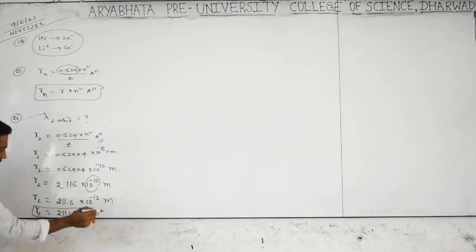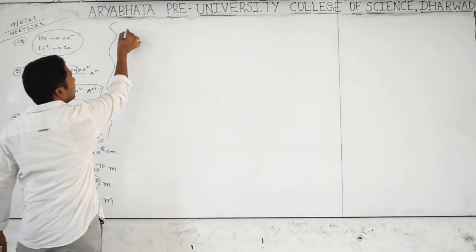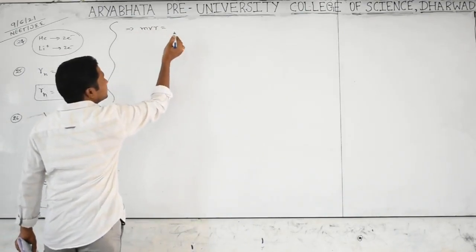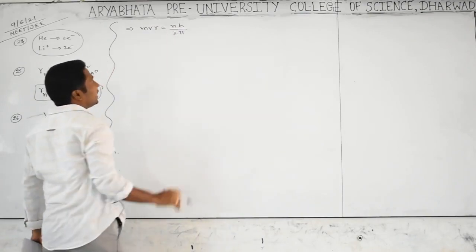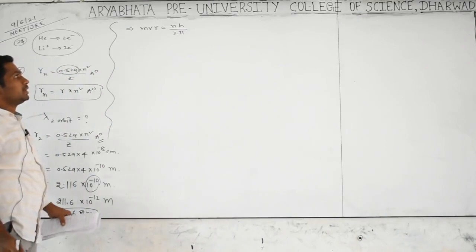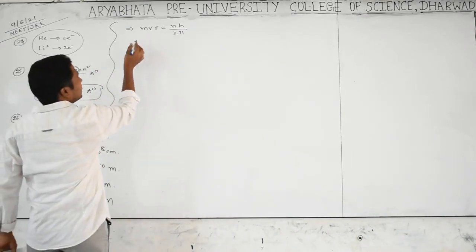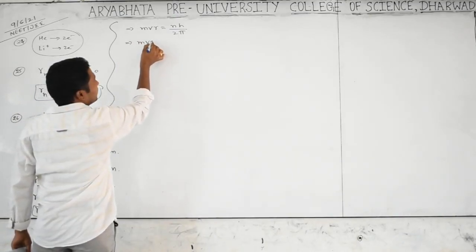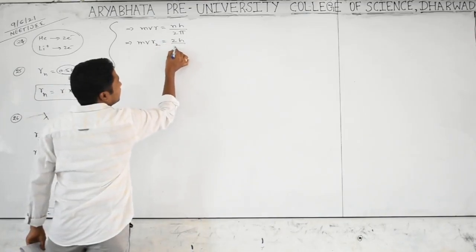Keep it beside. Now we get the angular momentum. Angular momentum, mvr, is equal to nh by 2 pi. So separating here the mass of electron, velocity of electron, and radius of second orbit is equal to 2h by 2 pi.